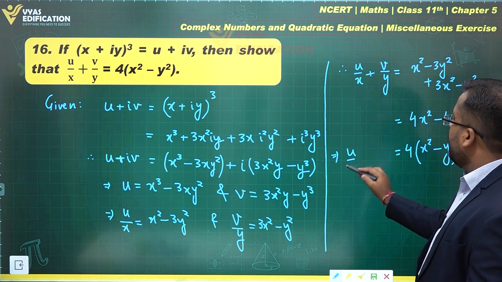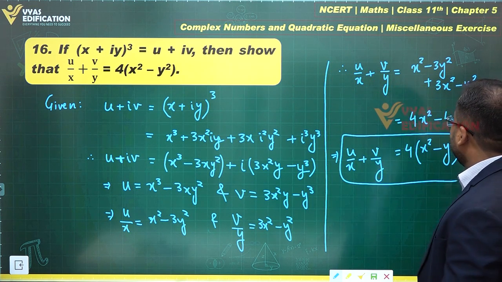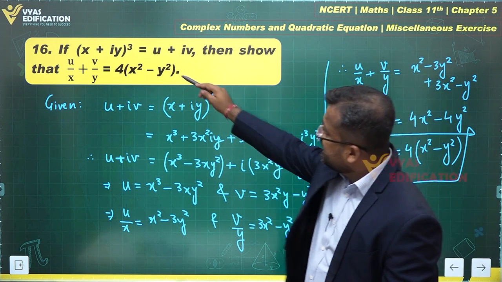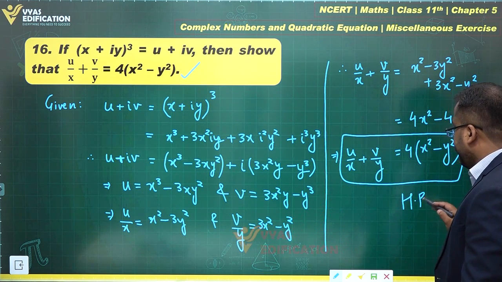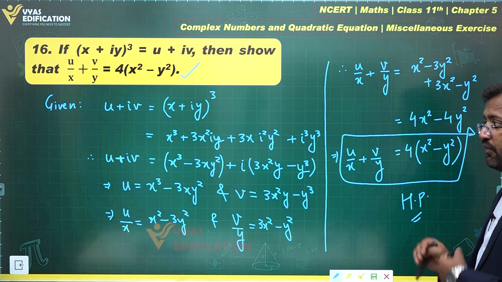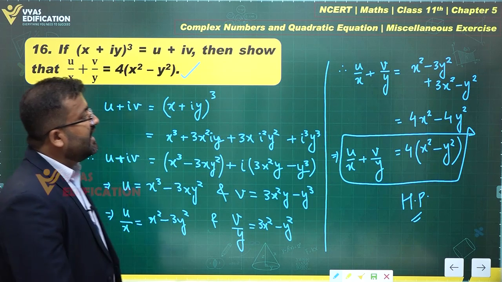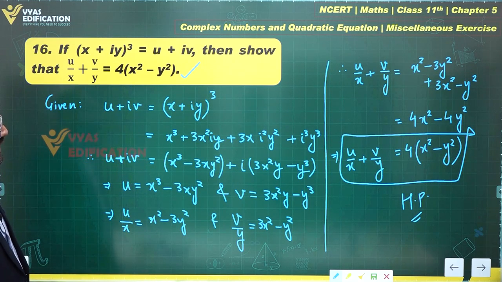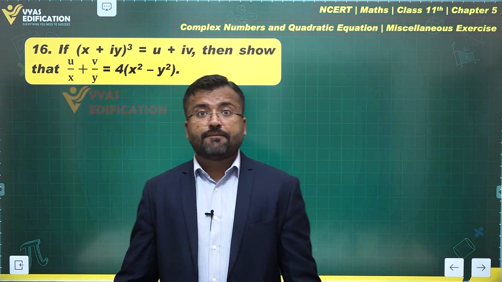That means u/x + v/y is actually equal to this. And yes, this is the exact same thing that we were asked to prove. That is the complete proof of this particular question, right? And that is all in this question, as you can see.